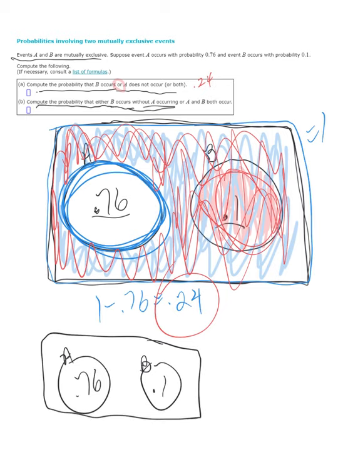Okay, well think about that. If B occurs, if this is happening, since they're mutually exclusive, there's no way for me to be over here with anything happening with A. So B is going to occur without A occurring. Okay, so that's B occurring, or A and B both occur.